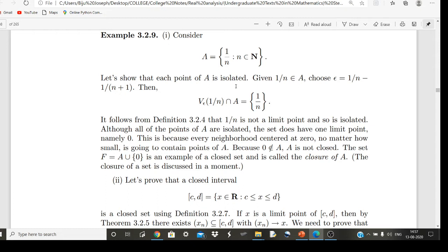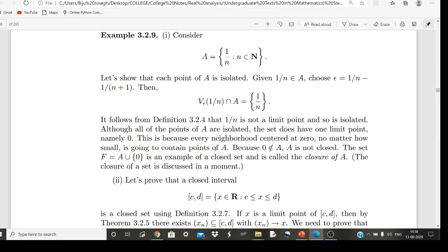Now, we try to find the limit points of this set and we can see that 0 is the only limit point of this set because every neighborhood of A centered at 0 will contain some points of A. Hence, 0 is the only limit point of A and 0 is not an element of this set. Therefore, A is not closed.